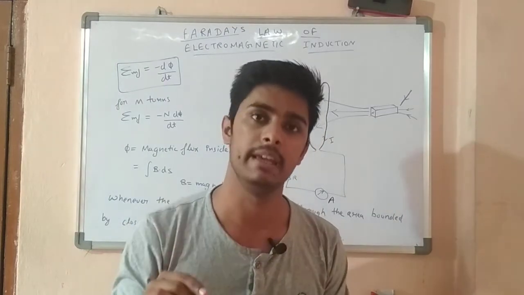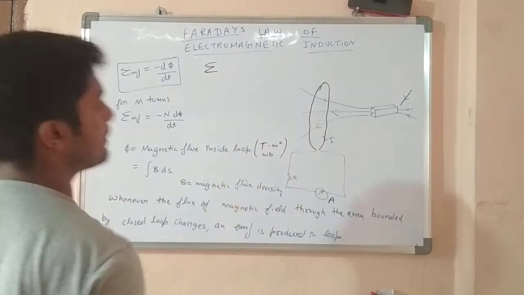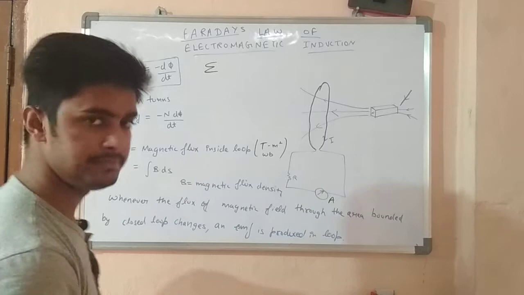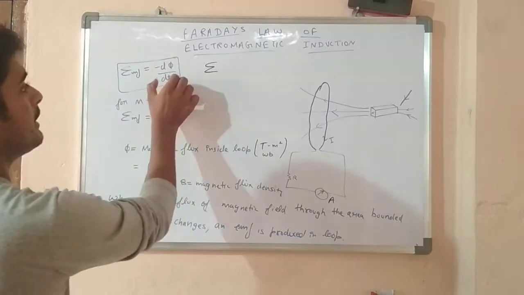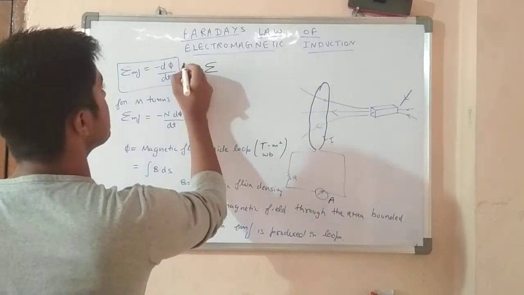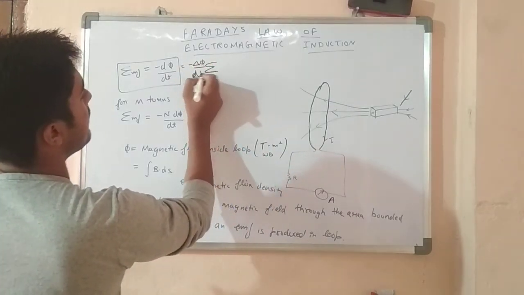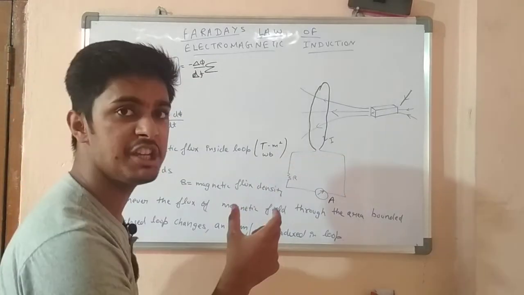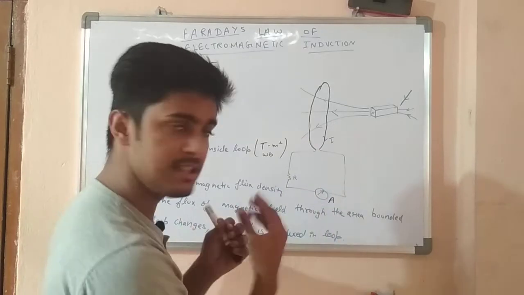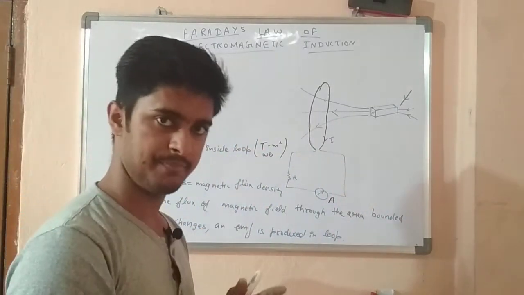EMF is minus d phi by dt. Minus d phi by dt means change in flux per unit time, or we can say minus delta phi by delta t. Delta means change in, which is the average flux change throughout this period, and d phi by dt is the instantaneous change in flux.